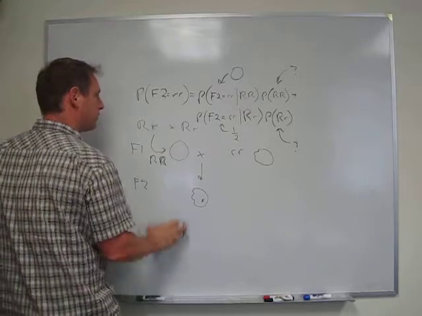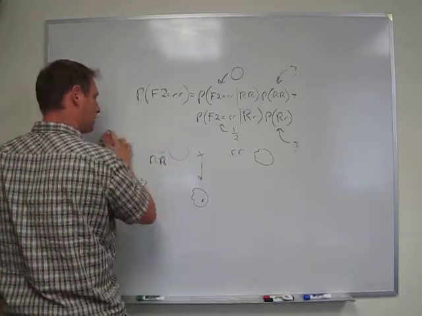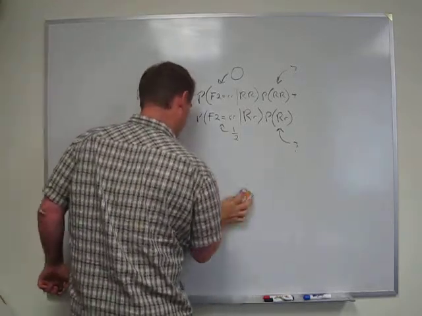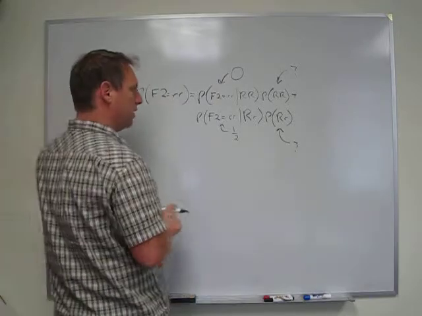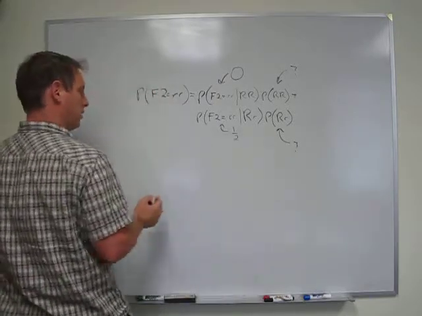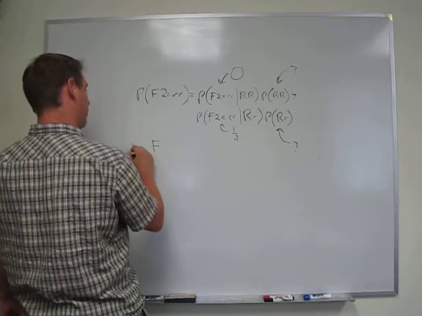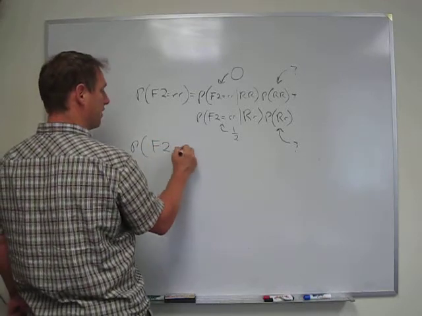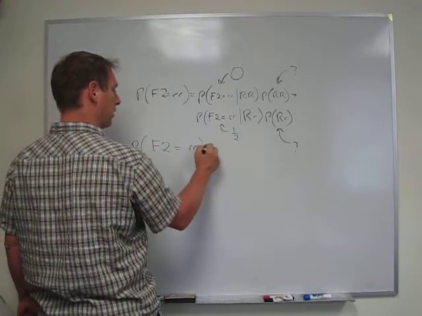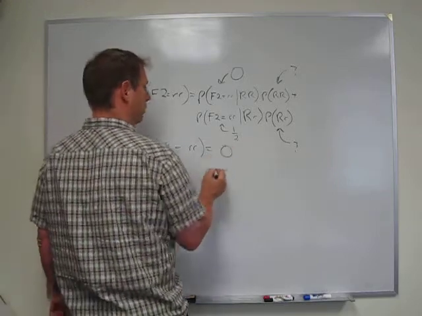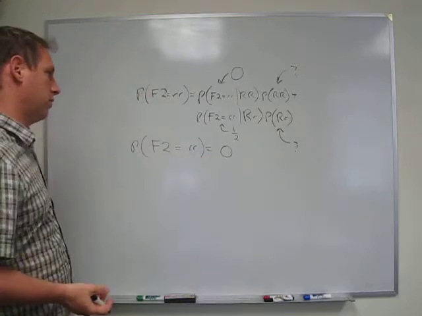Okay. And the reason for it is going back to the Punnett square. We've already ruled out that that possibility cannot be, in fact, r. So F2, okay, the probability that the F2 is in fact equal to r, that is equal to 0 because it has round P's.